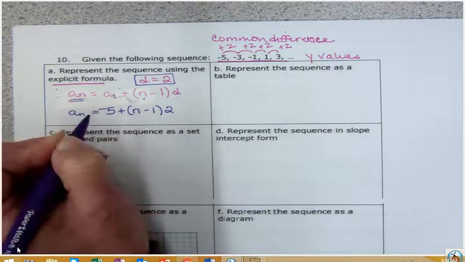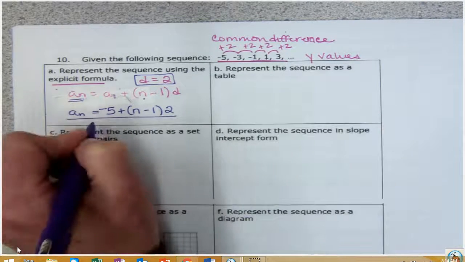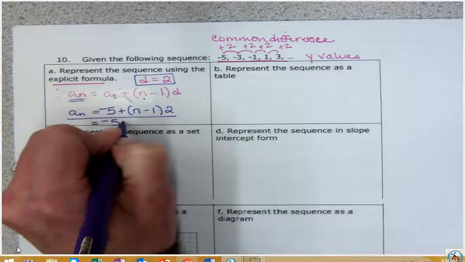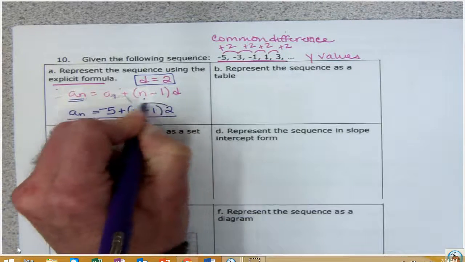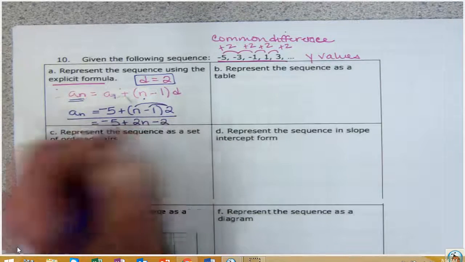This may be the answer, or you may be required to work it out to say negative 5 plus, and then you distribute your 2n minus 2.